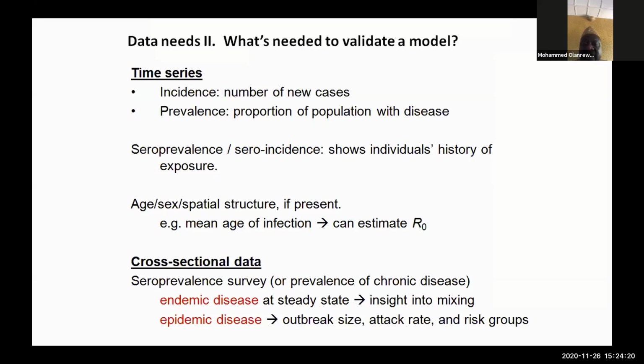Endemic means the disease is already inside at steady state, giving insight into mixing. Epidemic disease: outbreak size, attack rate, and risk. It means in fact that almost the total number of S is almost equal to I, when you talk about pandemicity.